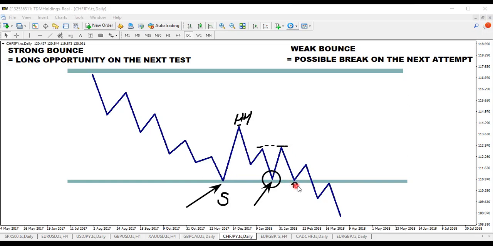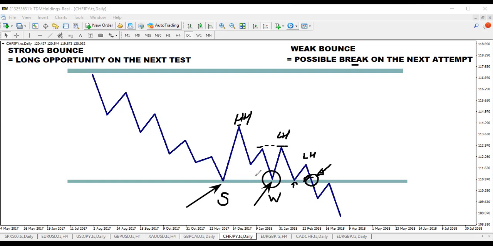So if the market is here at the time, and previously we saw that the market failed to make a higher high, this is a lower high, then this is a weak bounce. And a weak bounce simply indicates a possible break on the next attempt. So the next time the market comes back here, we're anticipating a break to the downside because the market is bouncing but busy making lower highs, right?